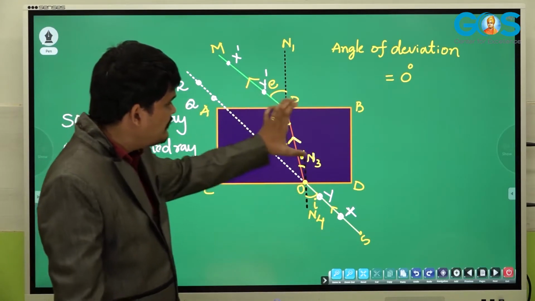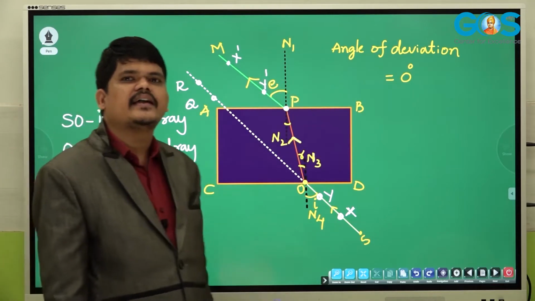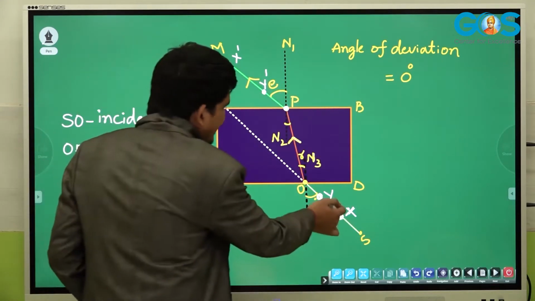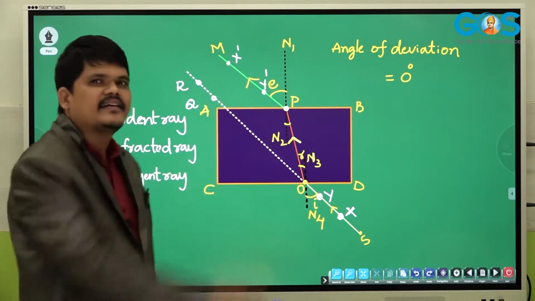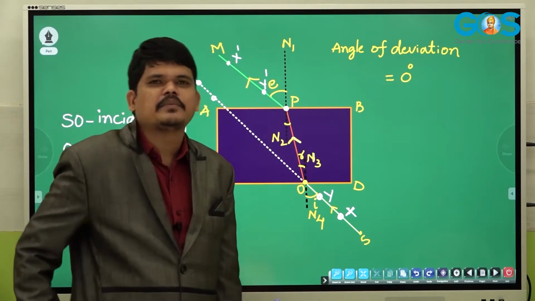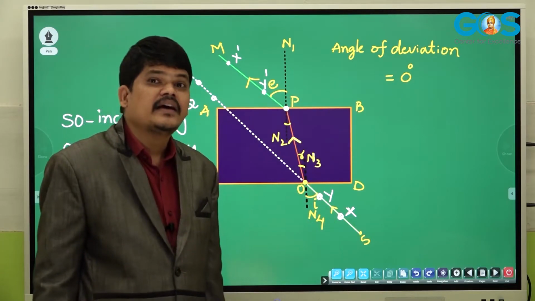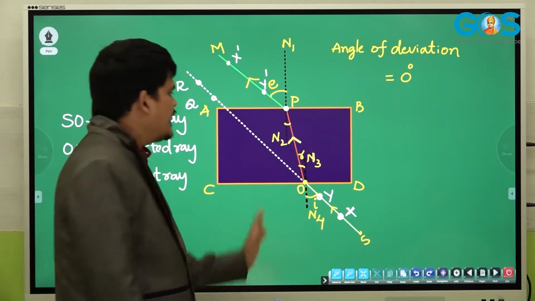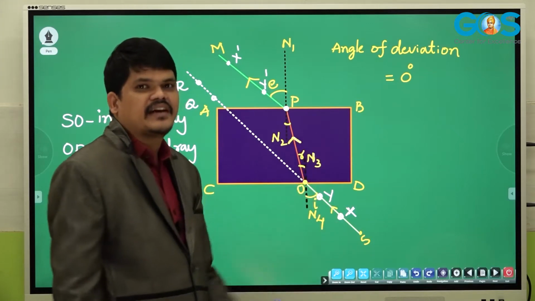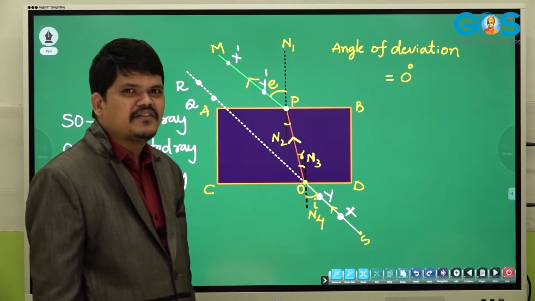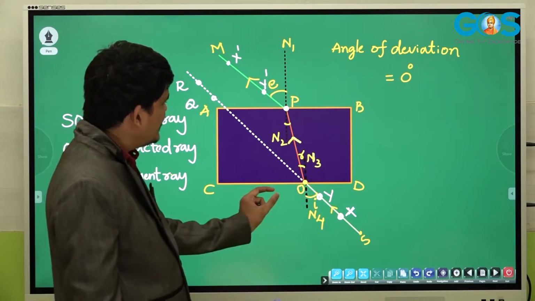So if the slab is not there, the incident ray passes in a straight line, following the rectilinear propagation of light. As we have placed the rectangular glass slab in the path of the light ray, the light ray suffers refraction. Now what we have done?